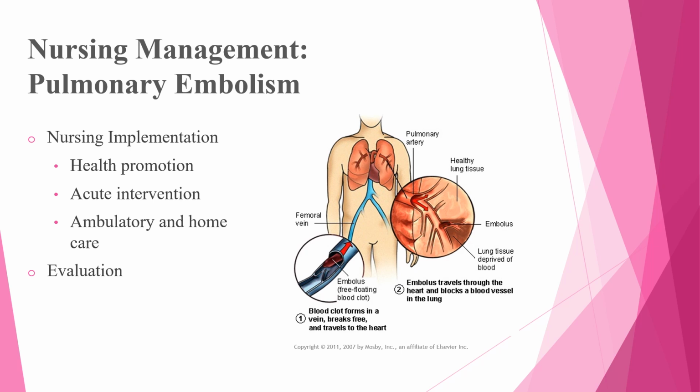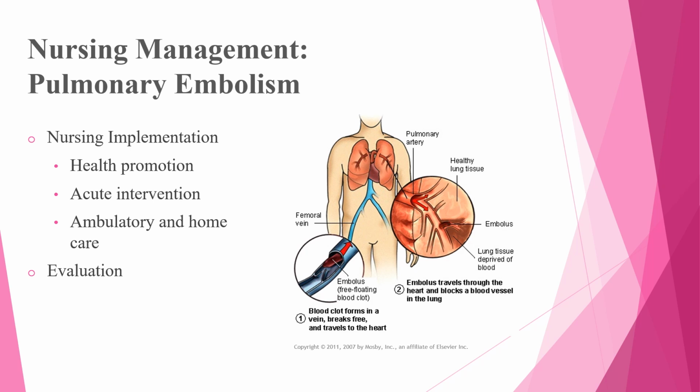If it is a serious enough case or the heparin is not doing a good enough job preventing blood clots from getting bigger or new blood clots from forming, there is a medication. It is a clot buster that we use a lot for stroke patients called TPA, tissue plasminogen activator, and that can be used to dissolve the blood clots.